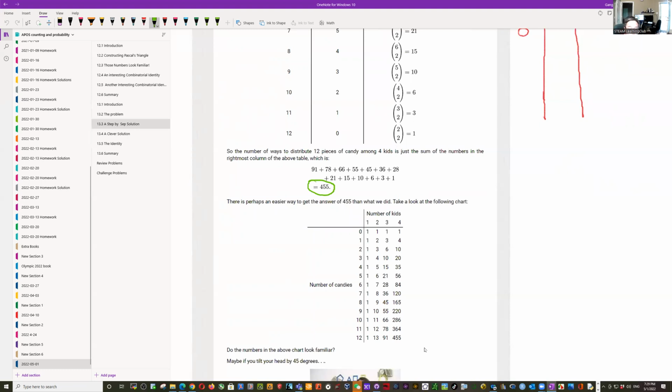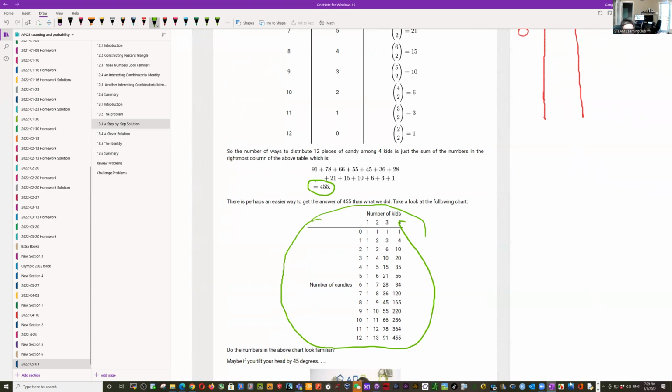And then we can also make a table of number of candy against number of kids, and make some observations. This is the number of candy, number of kids. So if you have only one kid, no matter how many candy, there's only one way.